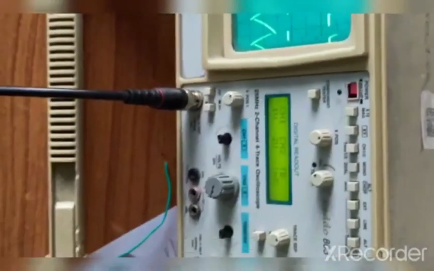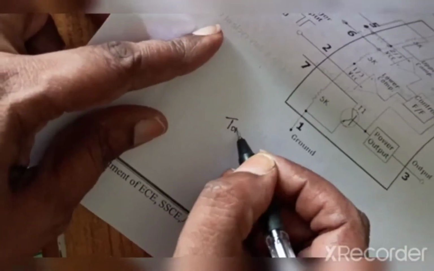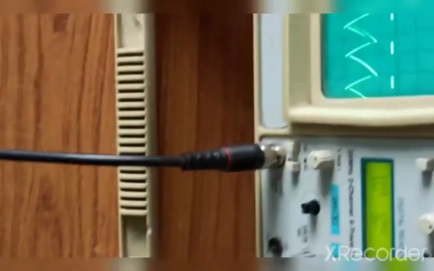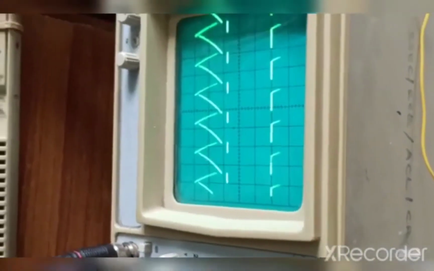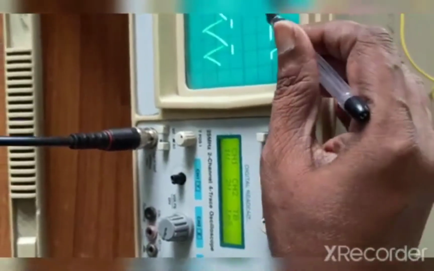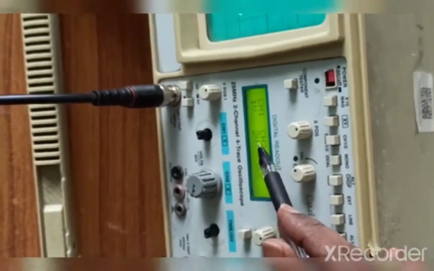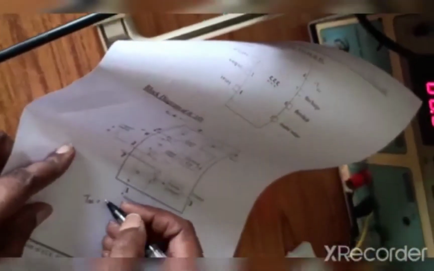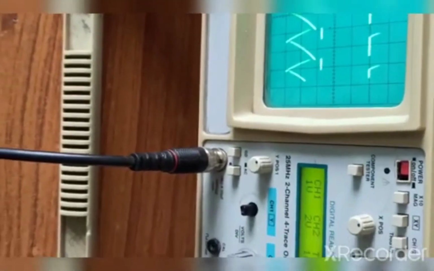So in this experiment, you have to calculate T on and T off. Your T on period is nothing but, if I bring the waveform down, T on is going to be 1 into 1 millisecond, with the channel we have used at 2 volts.